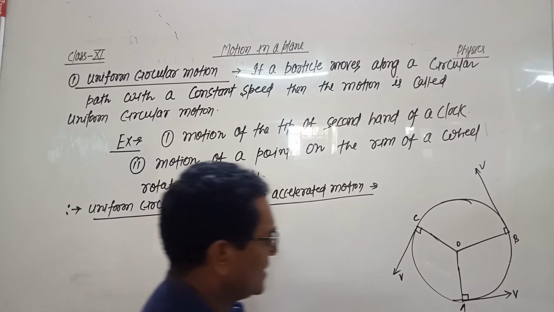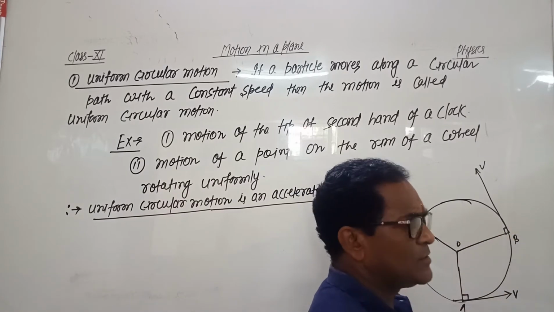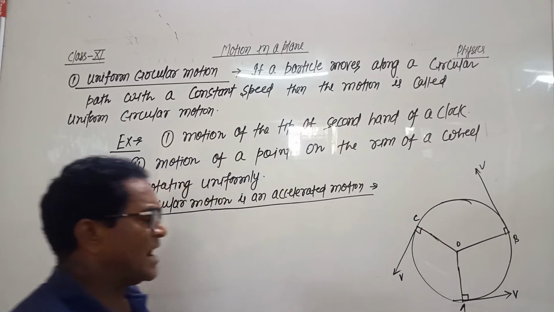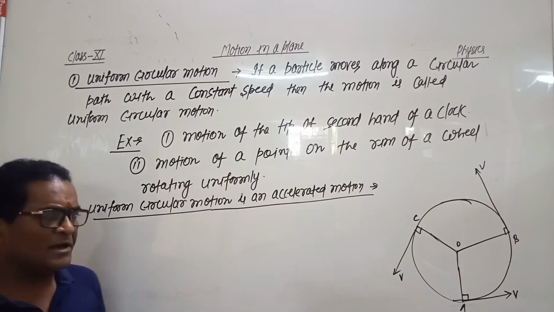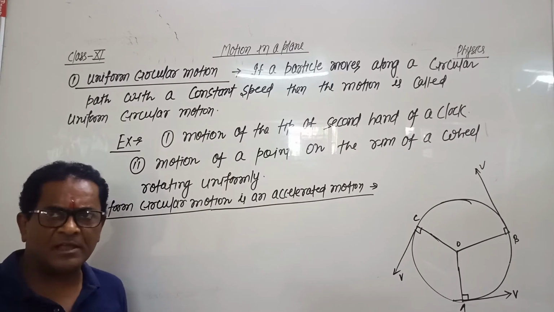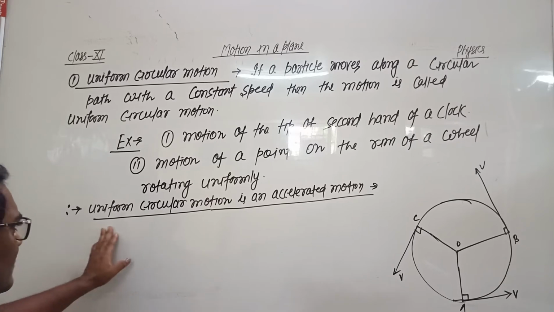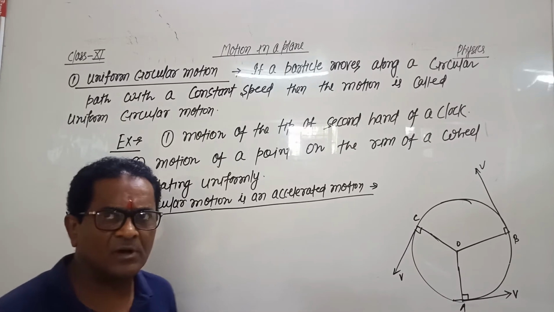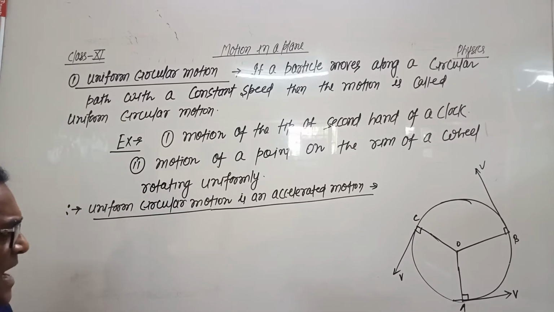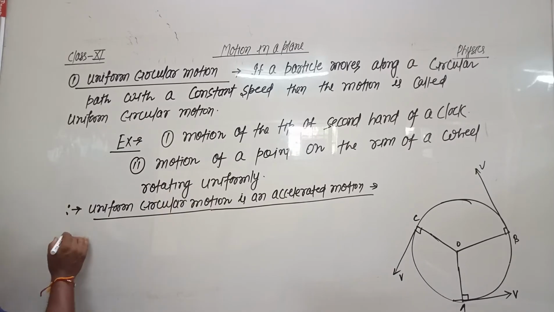We know that rate of change of velocity is called acceleration. That's why we can say that uniform circular motion is an accelerated motion.